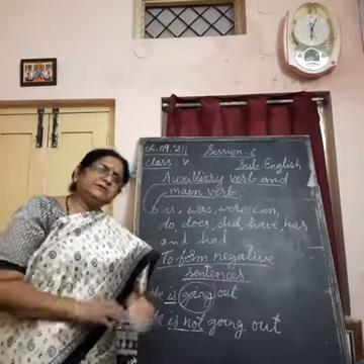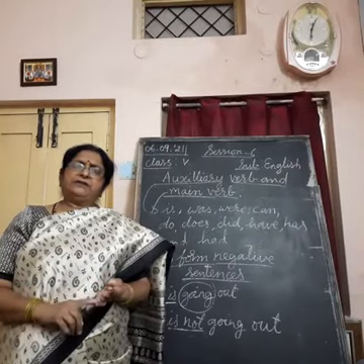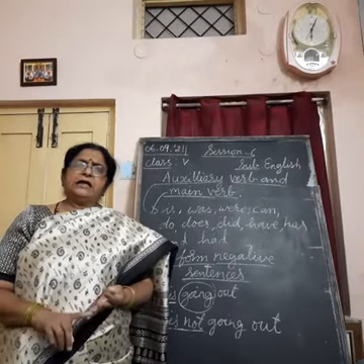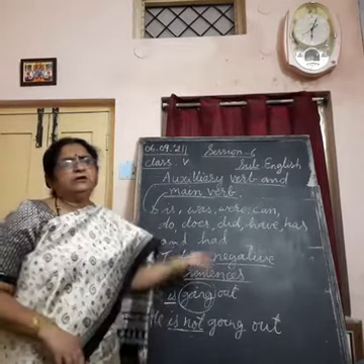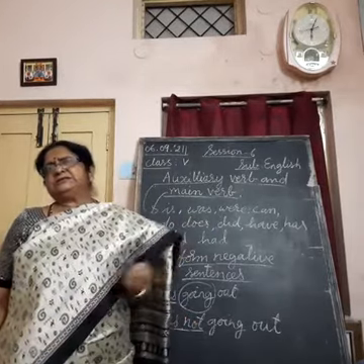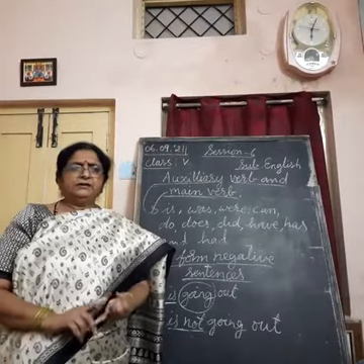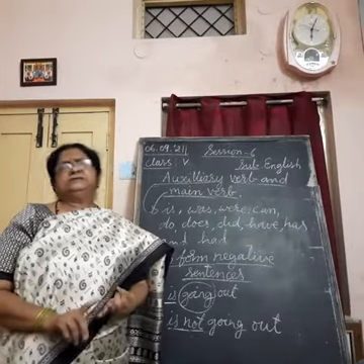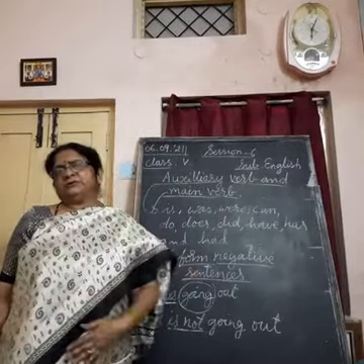What are auxiliary verbs? For example, is, was, are, were, can, has, have, do, does. These are auxiliary verbs in present tense form. And in past tense, was, were, did, could, etc. They are past tense forms of auxiliary verbs.